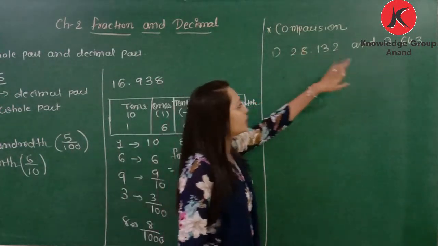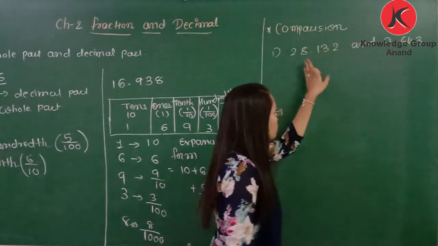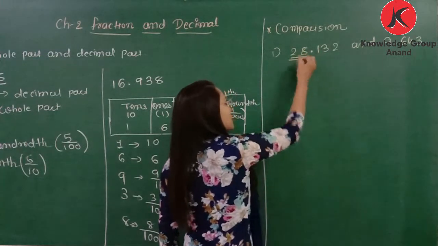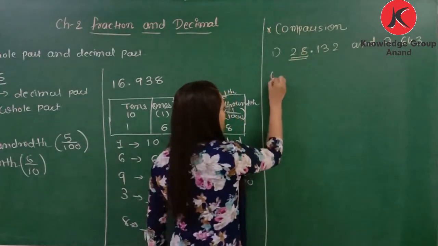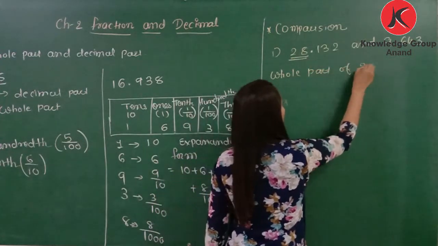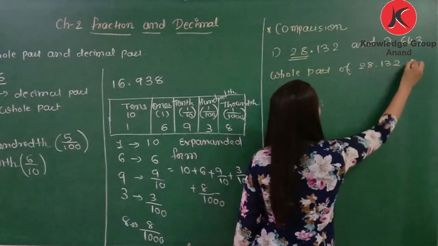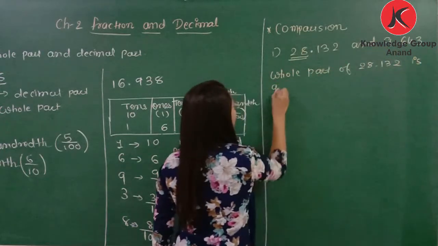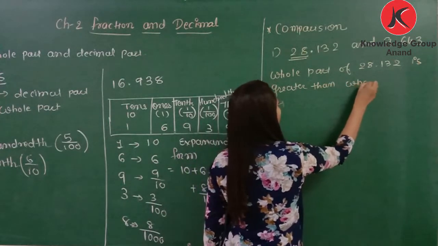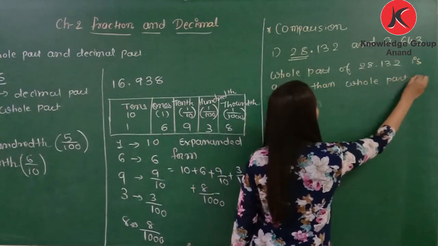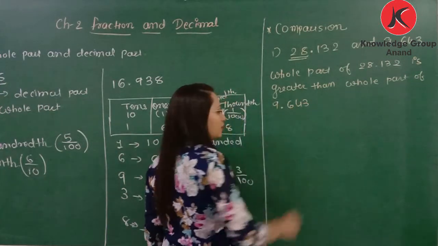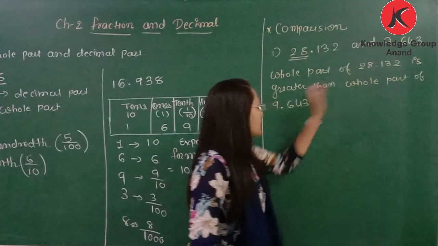So here it is 2 and here it is 9. From 2 and 9, which one is greater? Because this is the whole part, consider here the whole part, it is 28. So the whole part of 28.132 is greater than the whole part of 9.640. 28 is greater than 9.